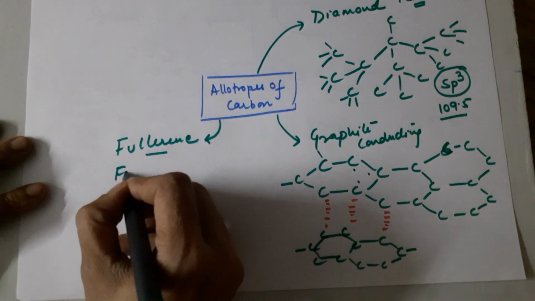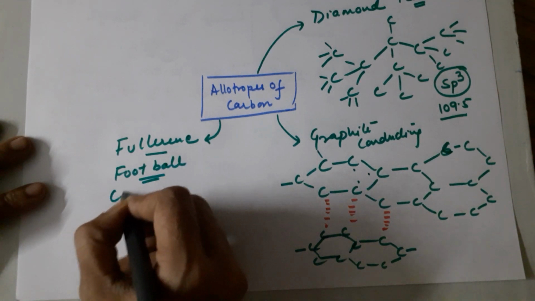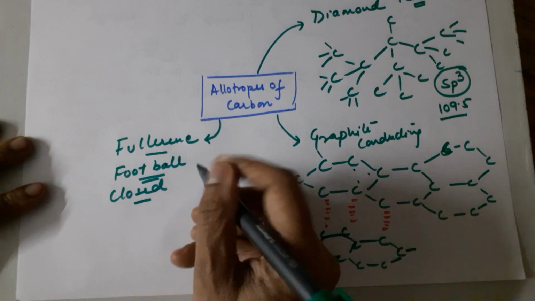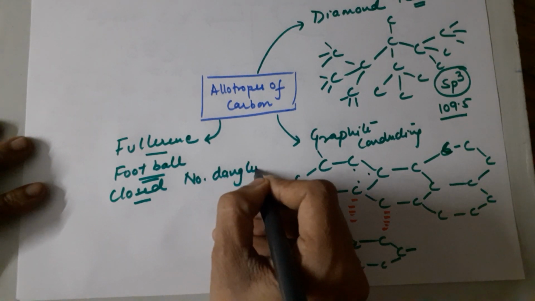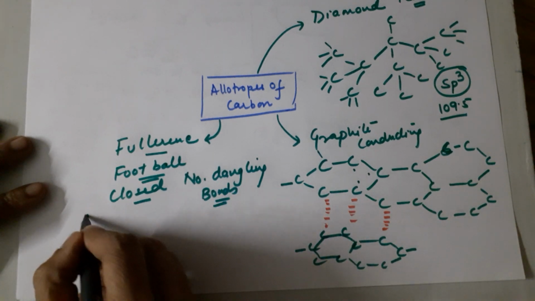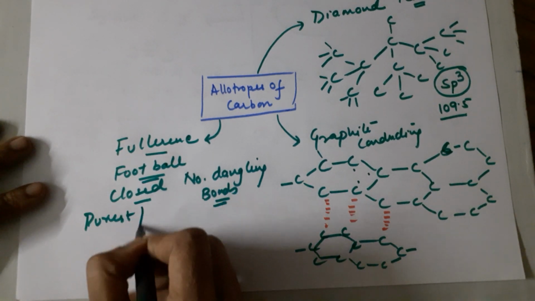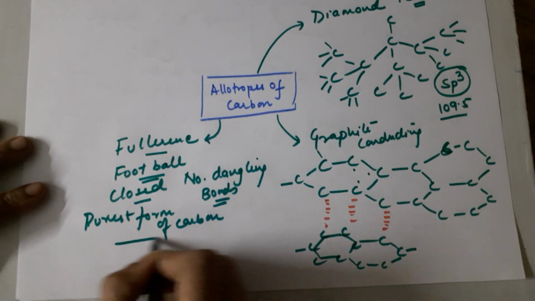Now this is a football-like structure which is closed and there are no dangling bonds. Since there are no dangling bonds, this is the purest form of carbon.